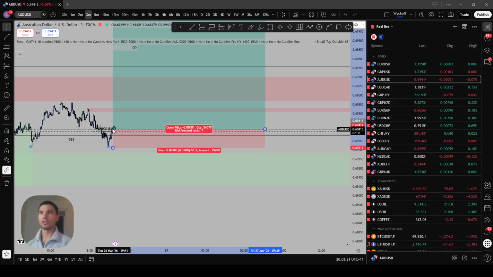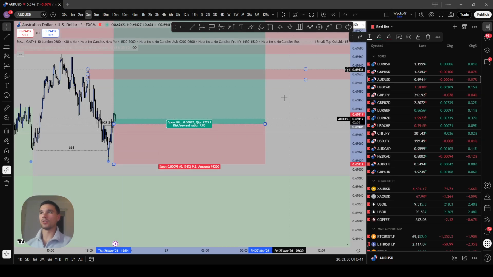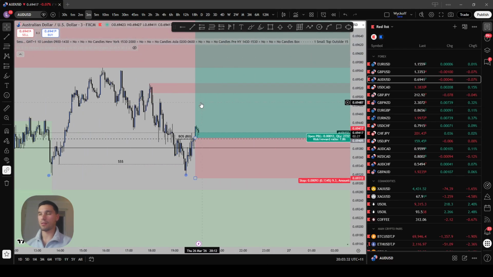So yeah, it'll change the ratio from a 7.86 to a 7. Or let's say 6.77 if I enter around here. It's still a good entry, realistically speaking.